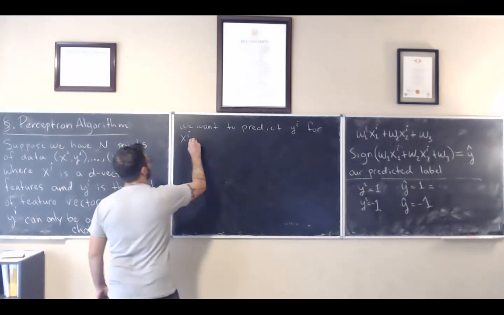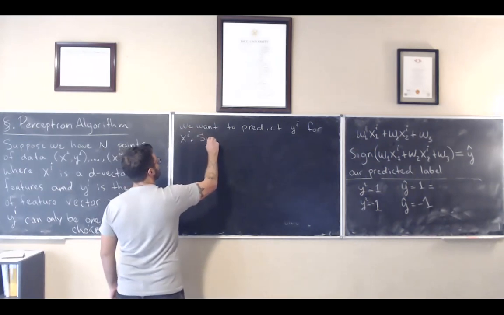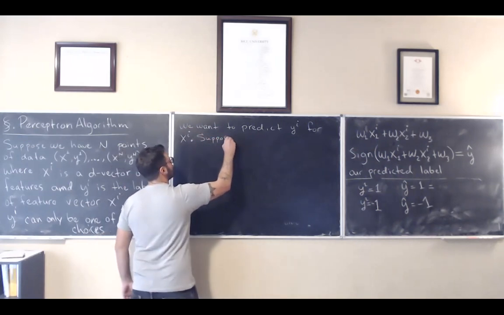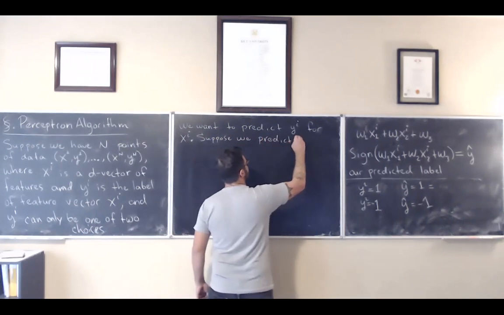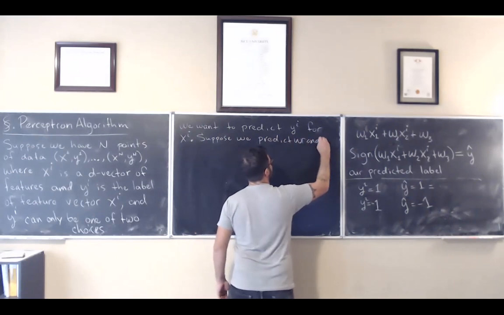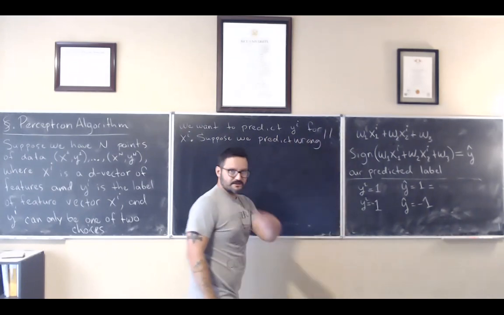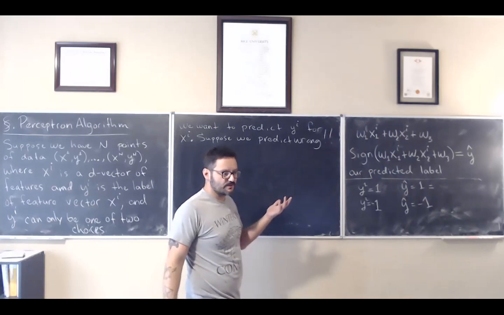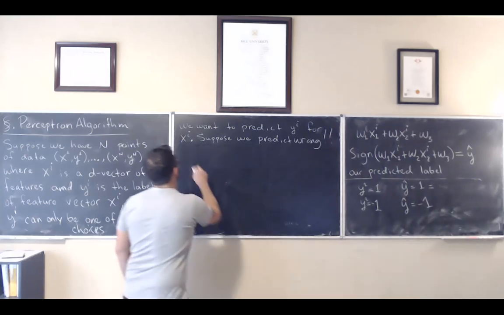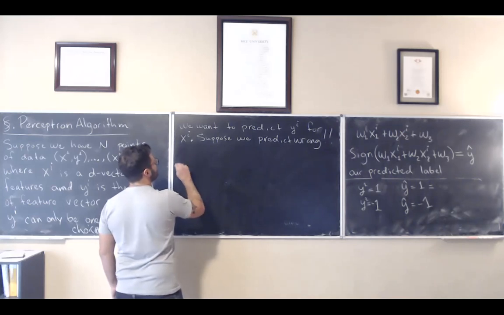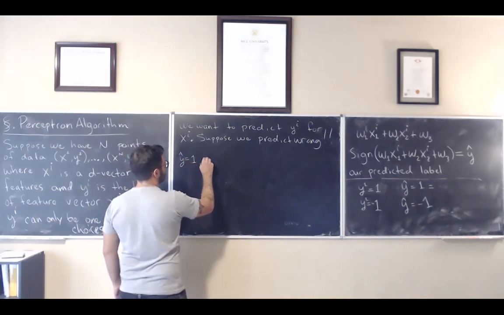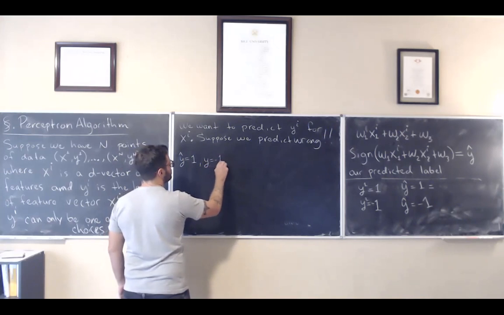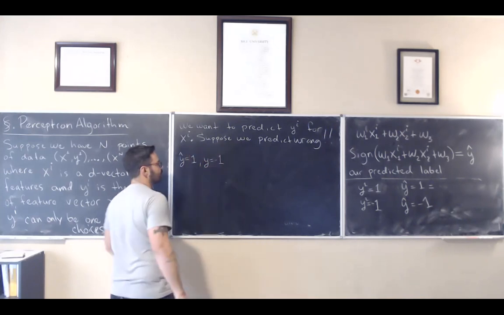So suppose we predict wrong, just like we did a second ago. We were predicting wrong all over the place, right? So then we have two cases. We predict a positive 1, but the actual label should have been a negative 1, right?